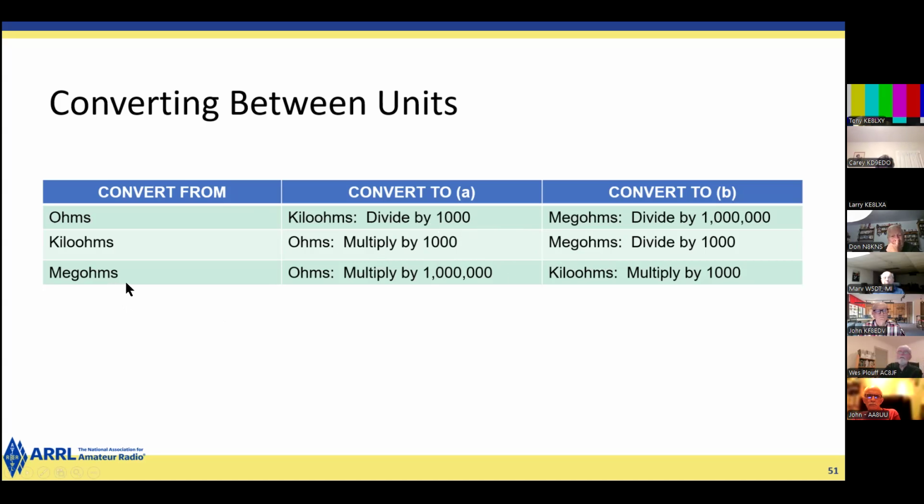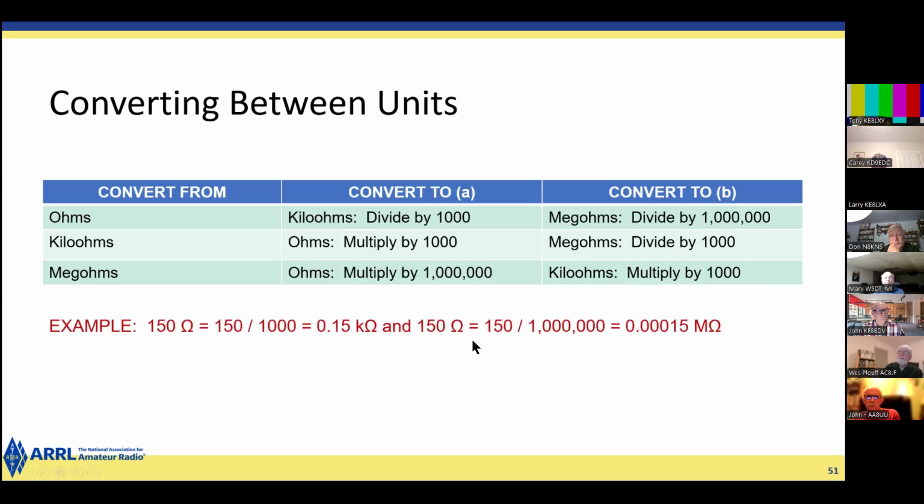To convert megohms to ohms, you multiply by 1,000,000, and to kiloohms, because that's in between, to get thousands from millions, you multiply by 1,000. And then for values that are smaller than one, there's another set of prefixes, milli, micro, and so forth. And we'll see that with capacitors.